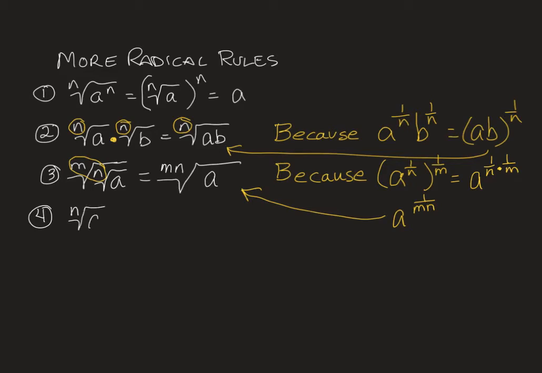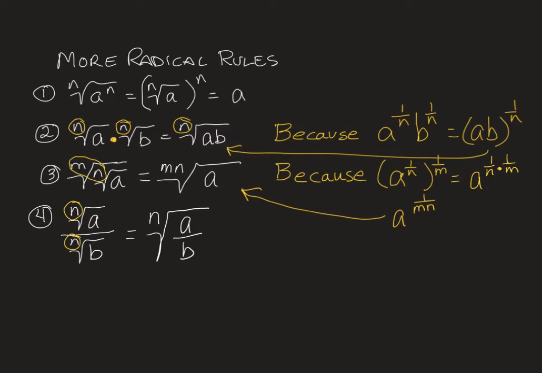If you have a fraction composed of the nth root of a over the nth root of b, you can have different things under the radicand as long as the index of each part, the numerator and the denominator, is the same. Then you can rewrite it with that same index and the entire fraction under the radical. So the entire fraction becomes the radicand.